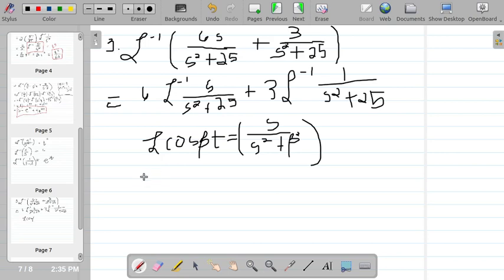Then we all know that the Laplace transform of sine beta t is equal to beta over s squared plus beta squared.